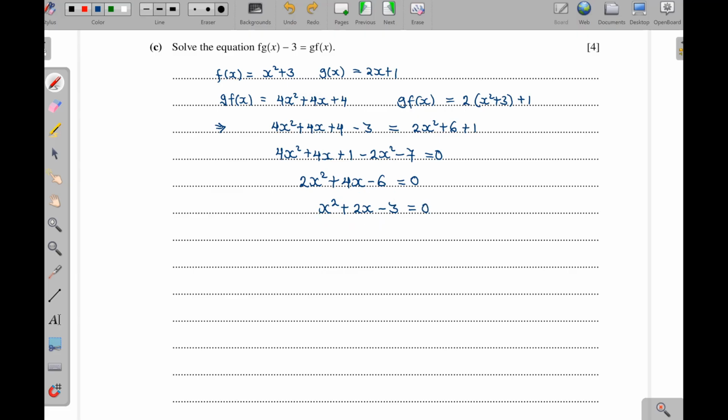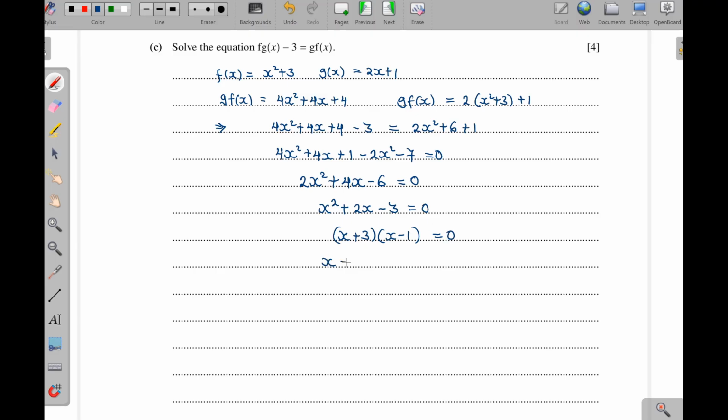Solving this, two numbers that when you multiply them give you negative 3, and when you add them give you positive 2. That will be positive 3 and negative 1. When you add these two, you get the 2, and when you multiply them, you get the negative 3.